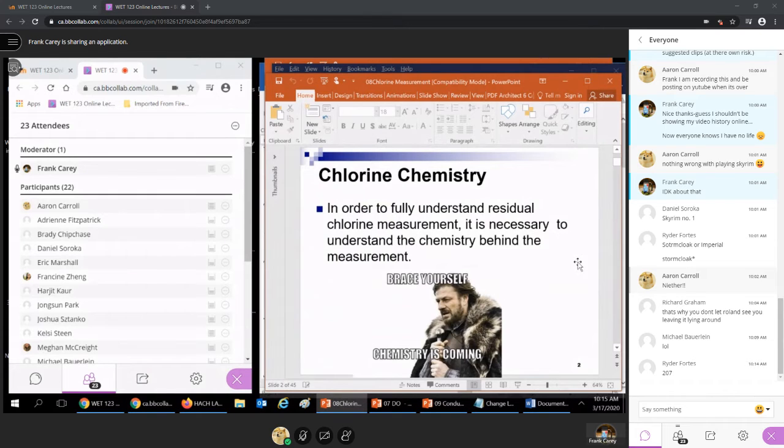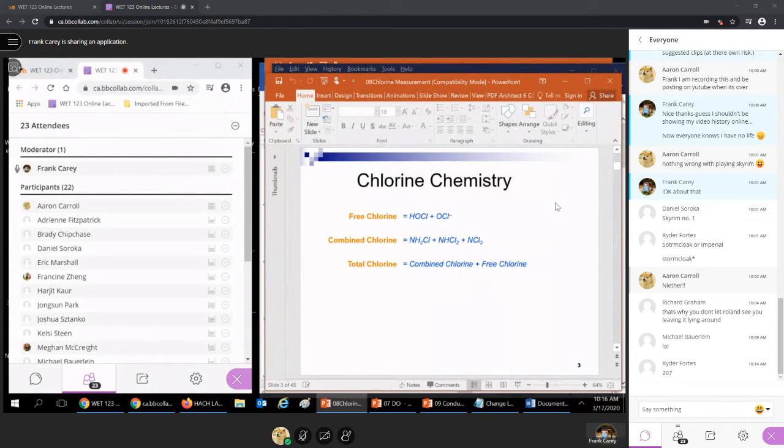So obviously we have to discuss the chemistry behind chlorination. We are not going to go into great detail. In fact, this is going to be high level, and that's basically all we need from an instrumentation point of view.